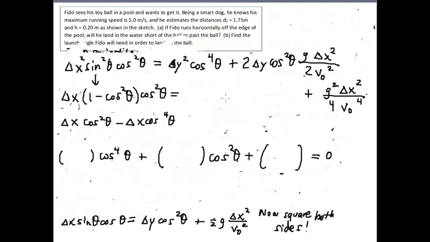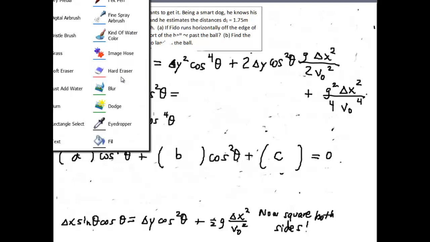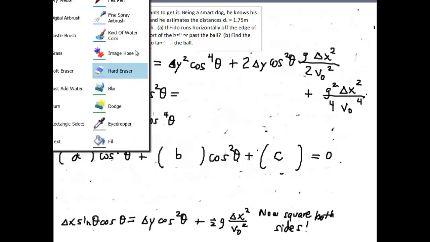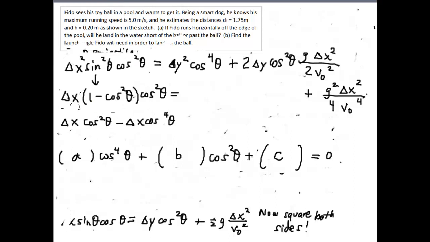And now, notice what's going to happen then is this I can call A, this I can call B, and this I can call C, and I can get numerical values for those quantities. And then, when I do that, I will be able to apply the quadratic formula and solve for cosine squared theta. Because just compare this to the form of a quadratic equation.